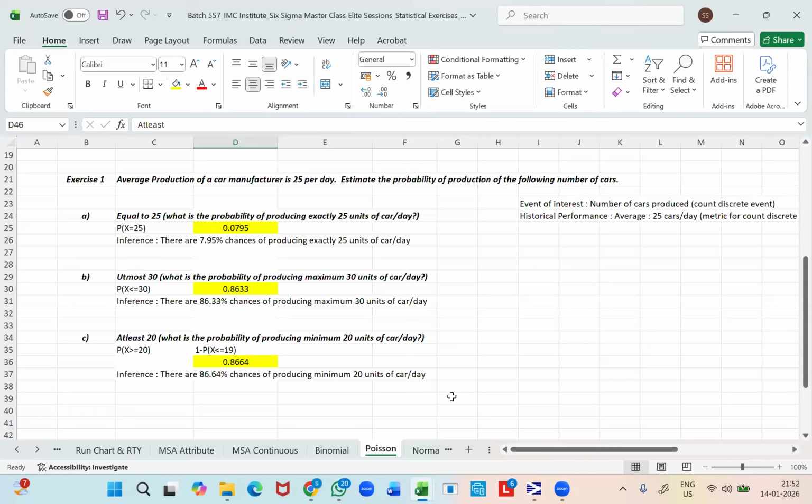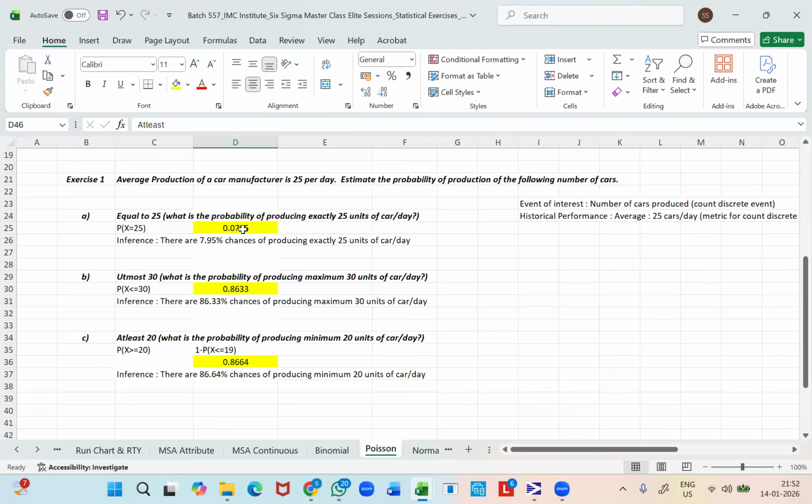So 25 is just one value, correct? So what we can say is the 7.95 percentage as an individual probability value will be the highest, because we will have the highest probability for the number of occurrences, which is actually equal to the average value, right?